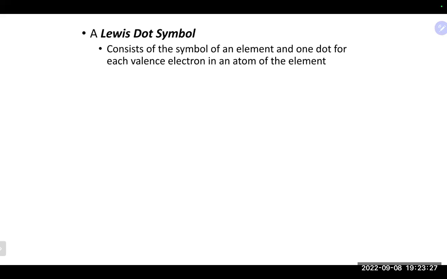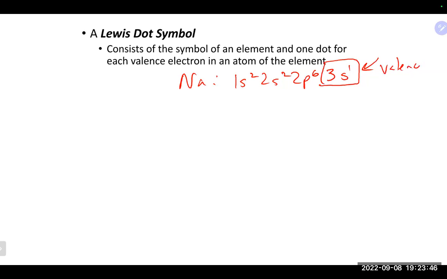They're just not involved in bonding. So when we look at something like sodium, which is 1s2, 2s2, 2p6, 3s1, this right here, again, is its valence electron. Once again, these are its core electrons.